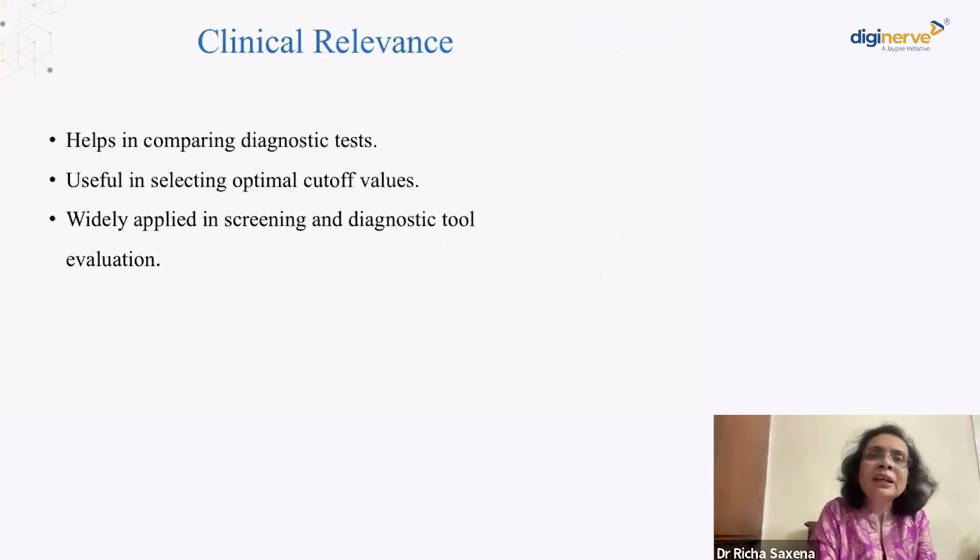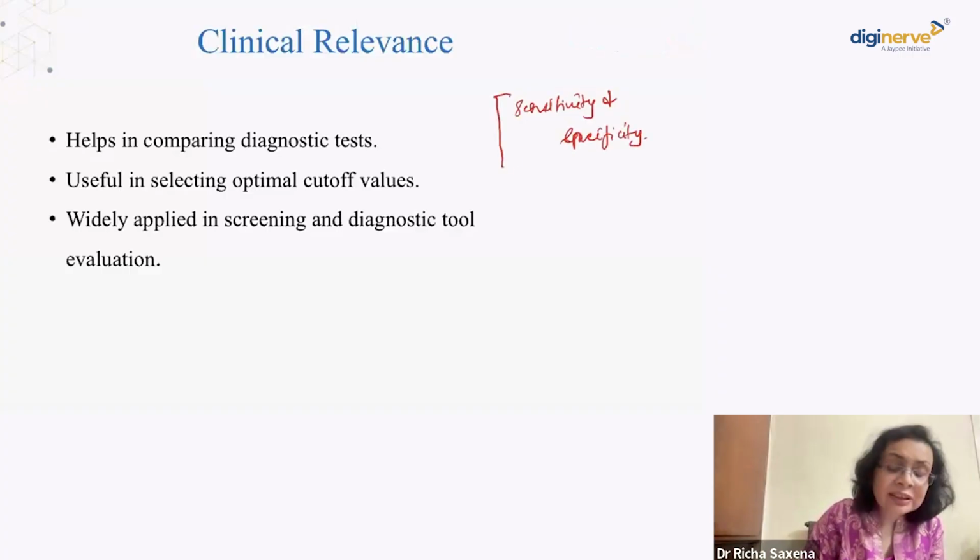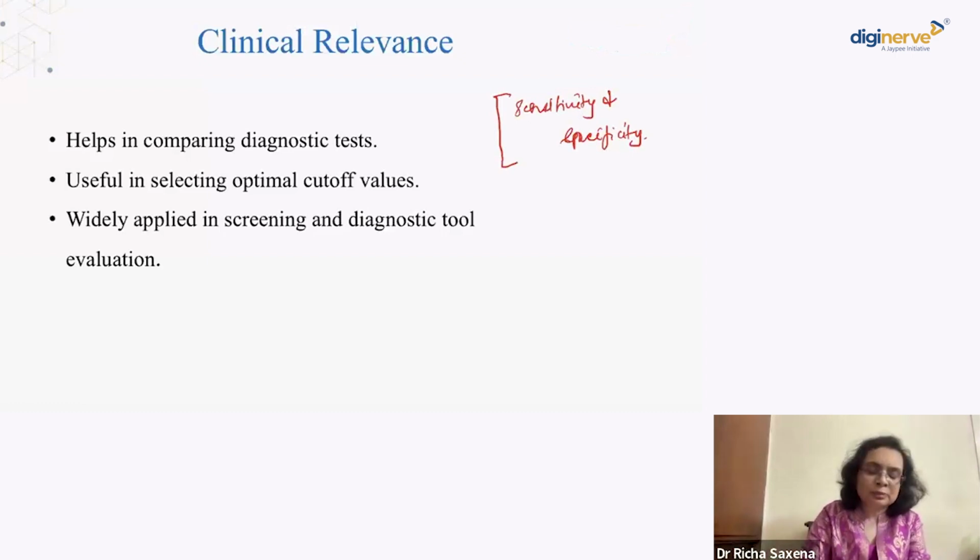So the clinical relevance is that it basically helps us in developing a cutoff value, and it helps us in balancing the sensitivity and specificity of a test. So we can decide the accuracy of the test based on the sensitivity and specificity.